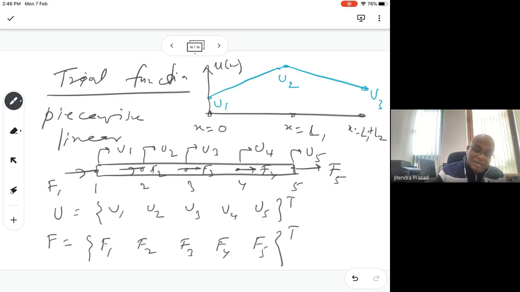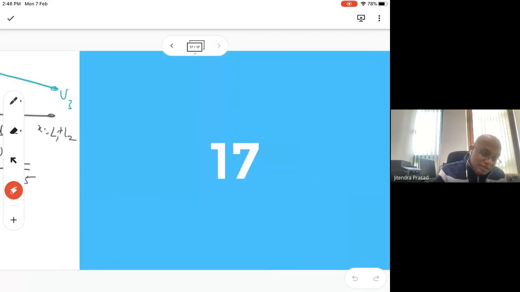And how will we construct K? For K, we have to take elements individually.